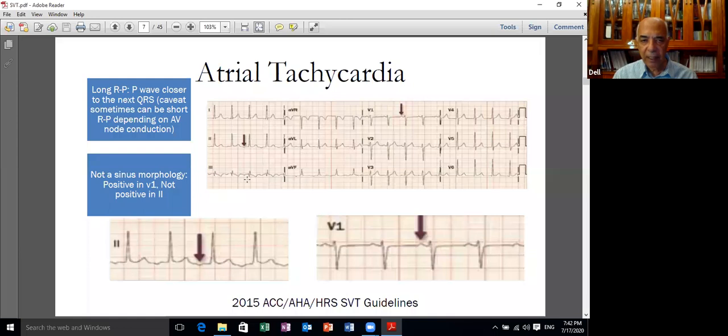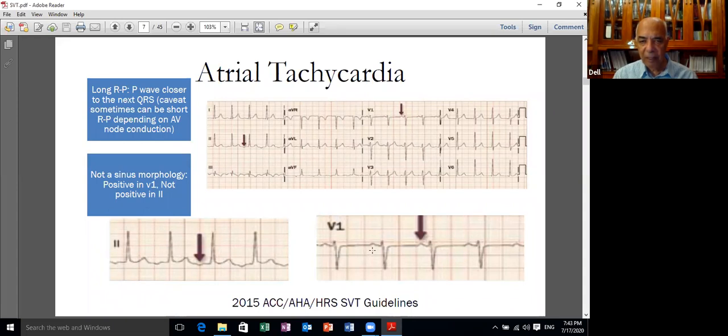The P wave here is inverted in the inferior leads, and if you look at the magnified electrocardiogram, it's inverted in the inferior leads. So it means that the focus of atrial activity is located down in the atria. At the same time, it is positive in V1.